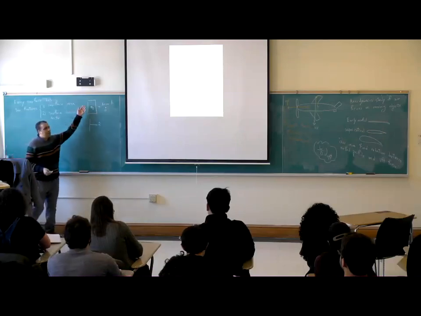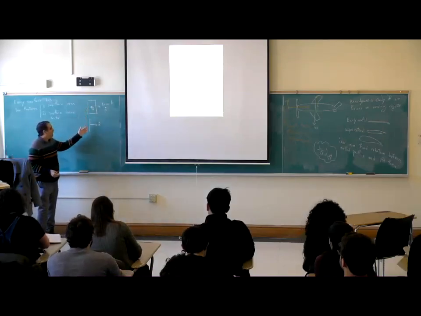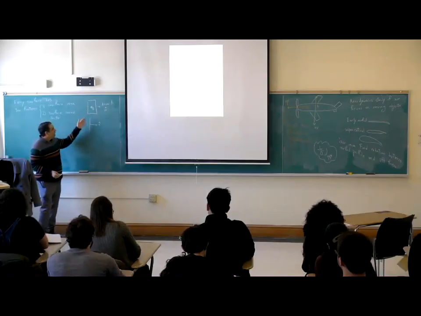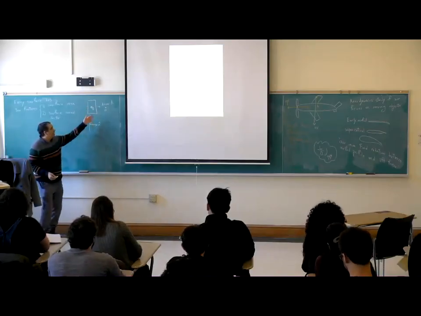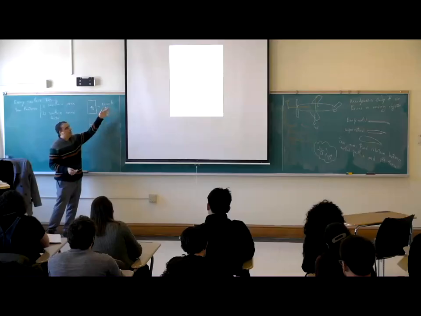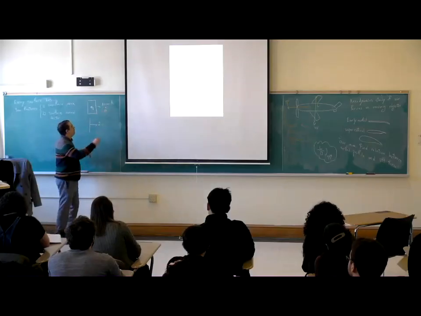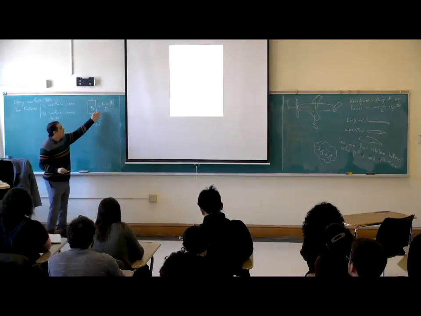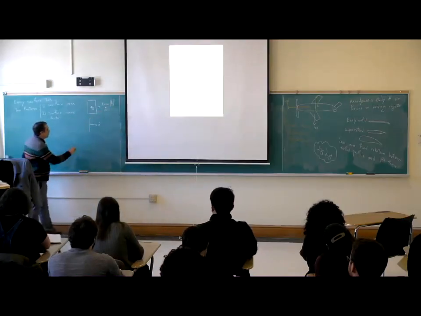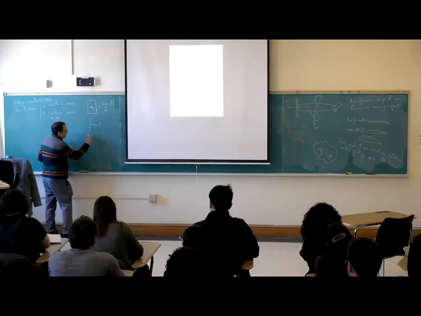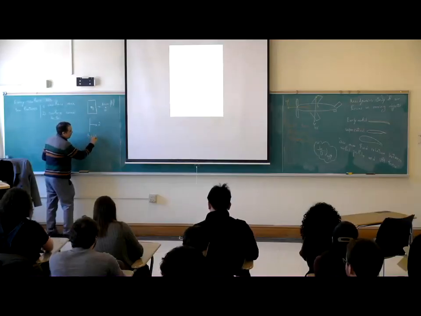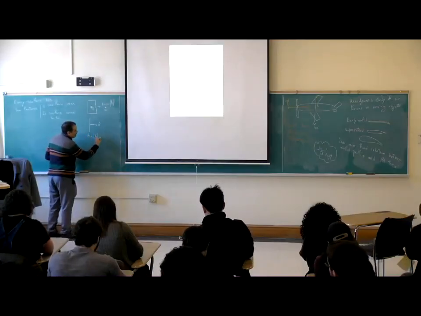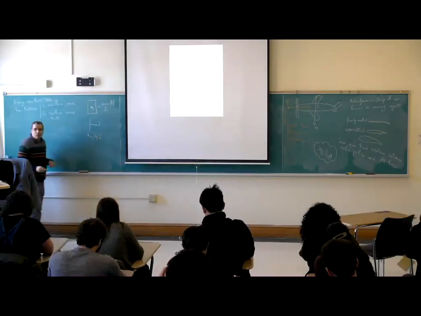This is the front view, this is the side view. Every area has an area magnitude and a unit normal. So the area vector A is equal to the area magnitude times the unit normal.